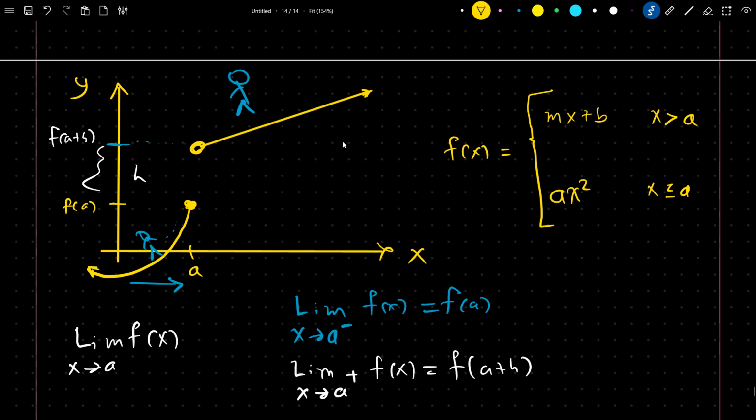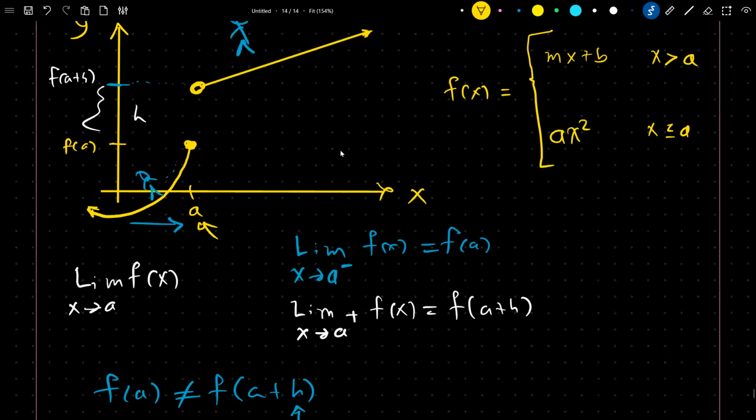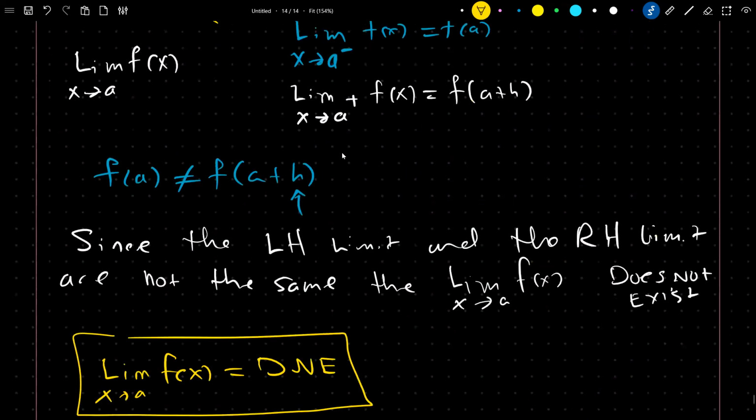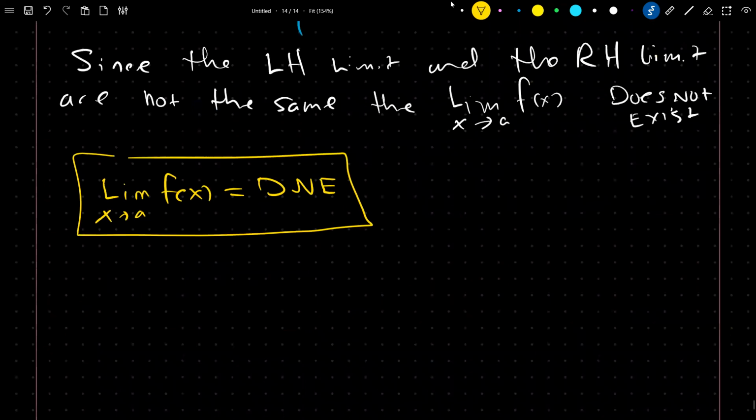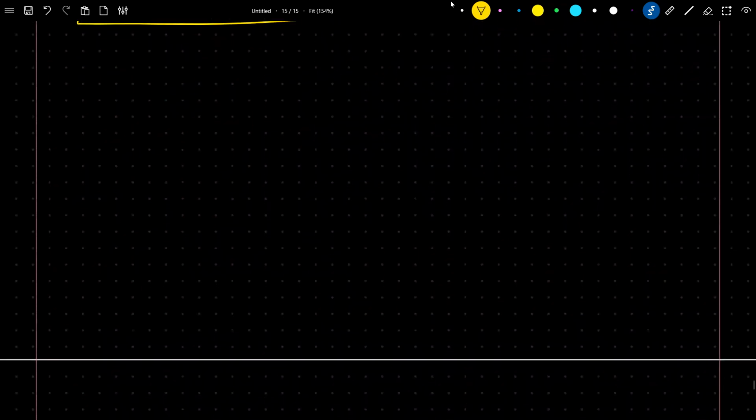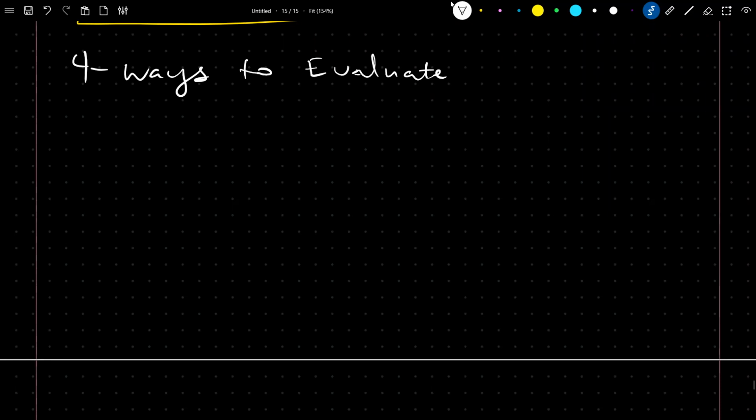But if those two are not equal, then we say that the limit of the function at that location a does not exist. So now we've seen the definition of limit, left side limit, and right side limit. There are 4 ways in general to evaluate limits.